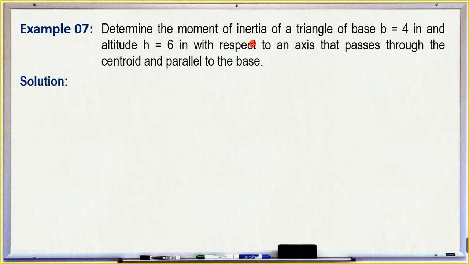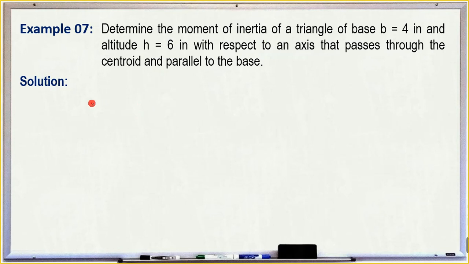So here, if the problem states that you're going to solve the moment of inertia on a different axis other than the centroidal axis, then you can use the parallel axis theorem or the transfer of axis formula.